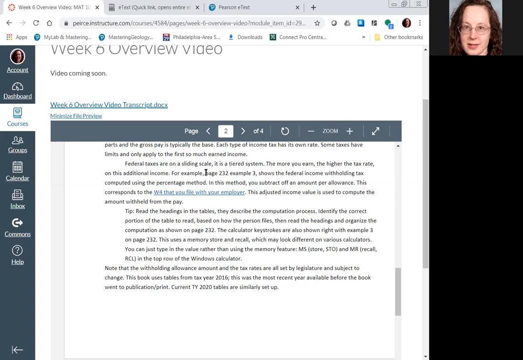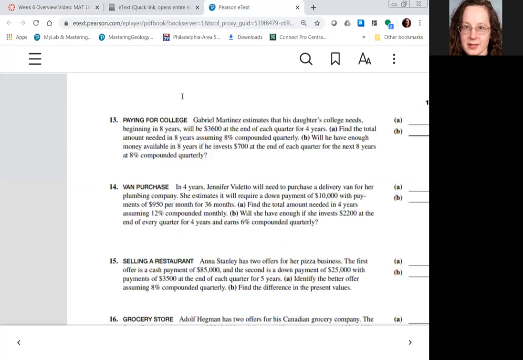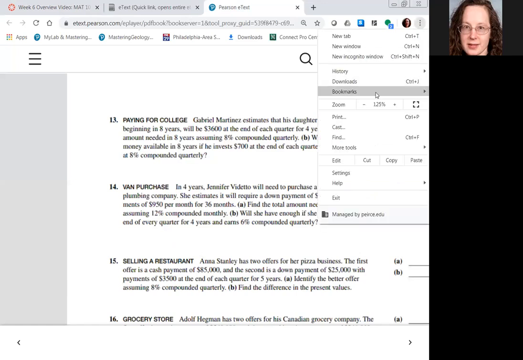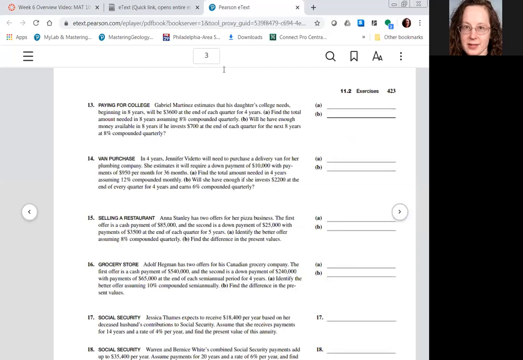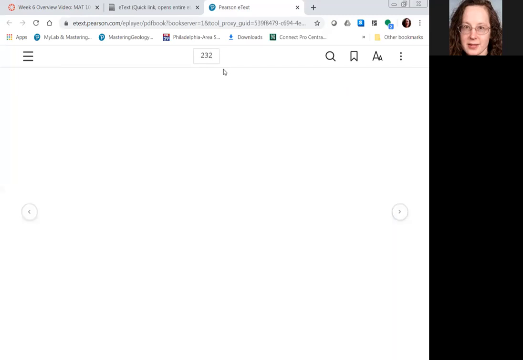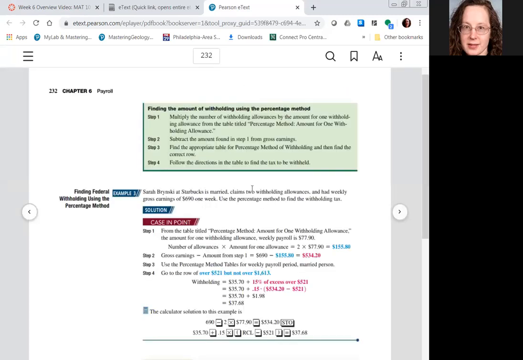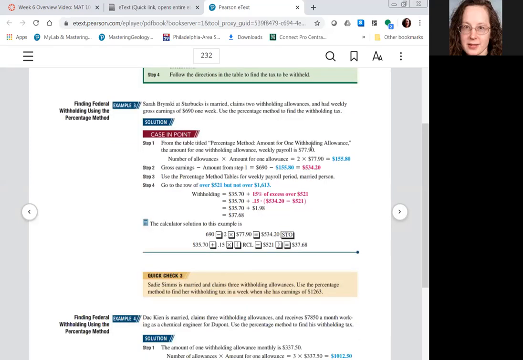So my recommendation here is to really pay attention to page 232, example 3.